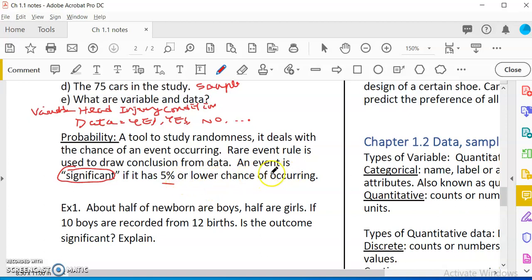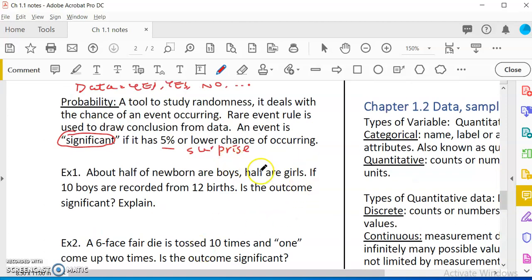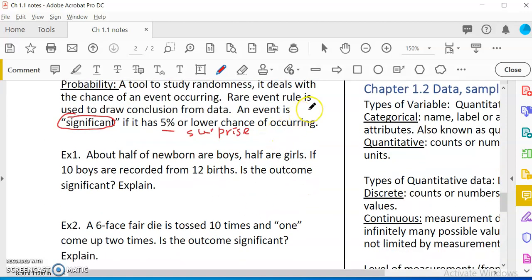Low chance of happening is significant. Something that you are surprised by. Why are you surprised? Because you generally know what is supposed to happen. Sometimes things don't always happen in a certain way, like the sun always rises from the east. We know that. But if there is some deviation, we will be surprised.